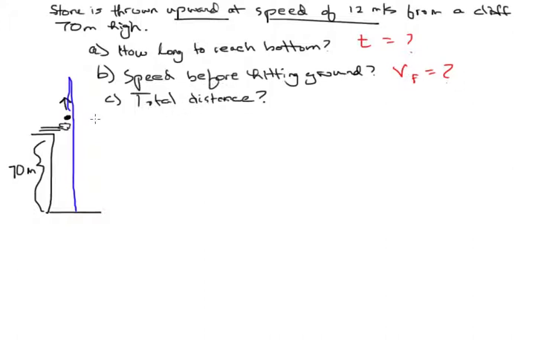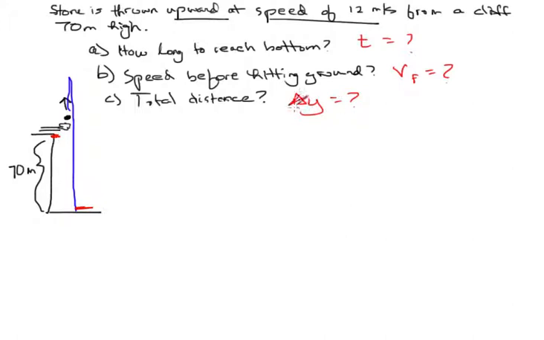And total distance. Now for total distance, you can't just say that's delta x, or sorry, we're in the y direction, so you can't just say this is delta y, because delta y is the change in position. And the change in position, we already know, is negative 70. We start here, we end here. So that's your change, negative 70.